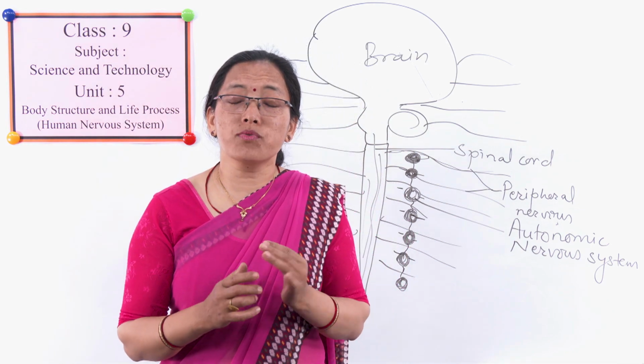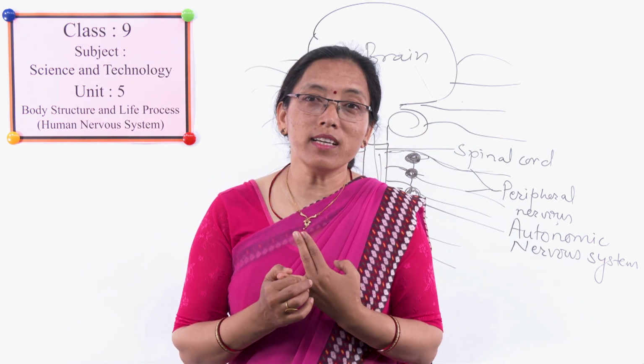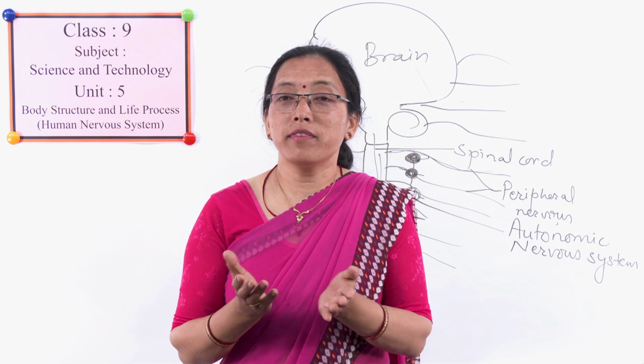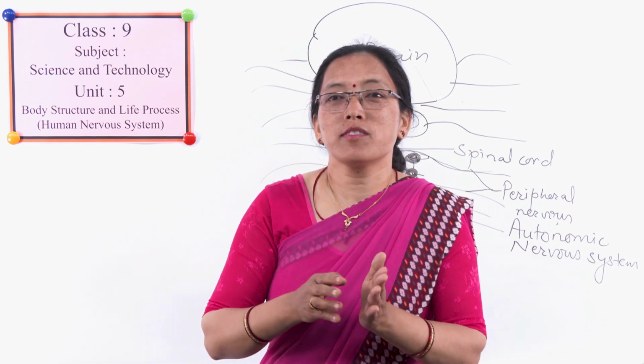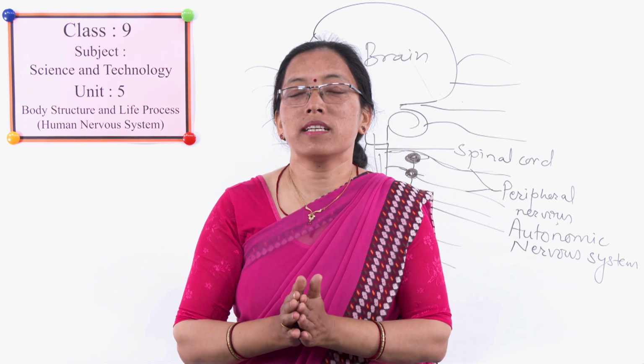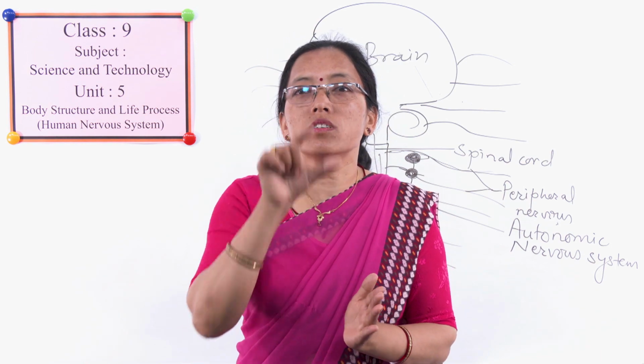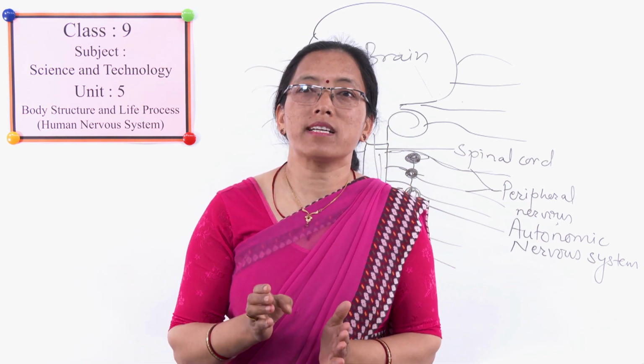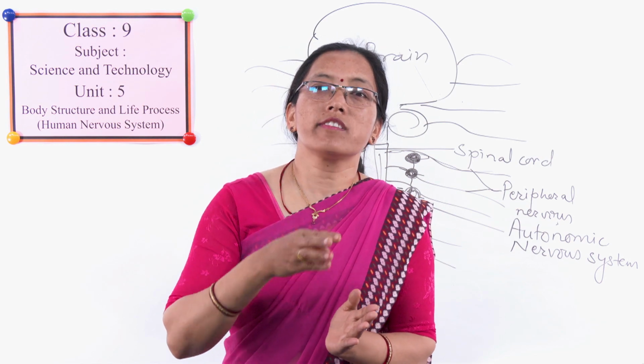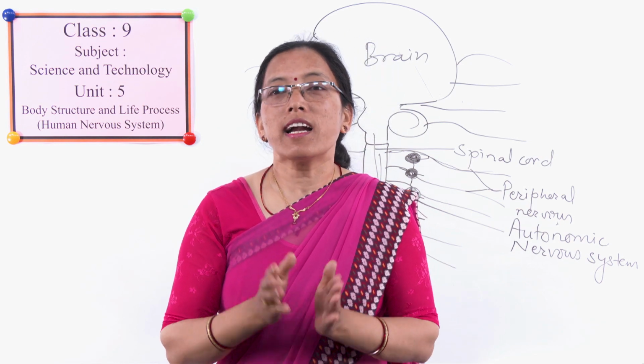First, spinal cord. The outer surface is made up of gray matter and the inner surface of white matter, is it? No, the outer surface is made up of white matter and the inner surface is made up of gray matter.